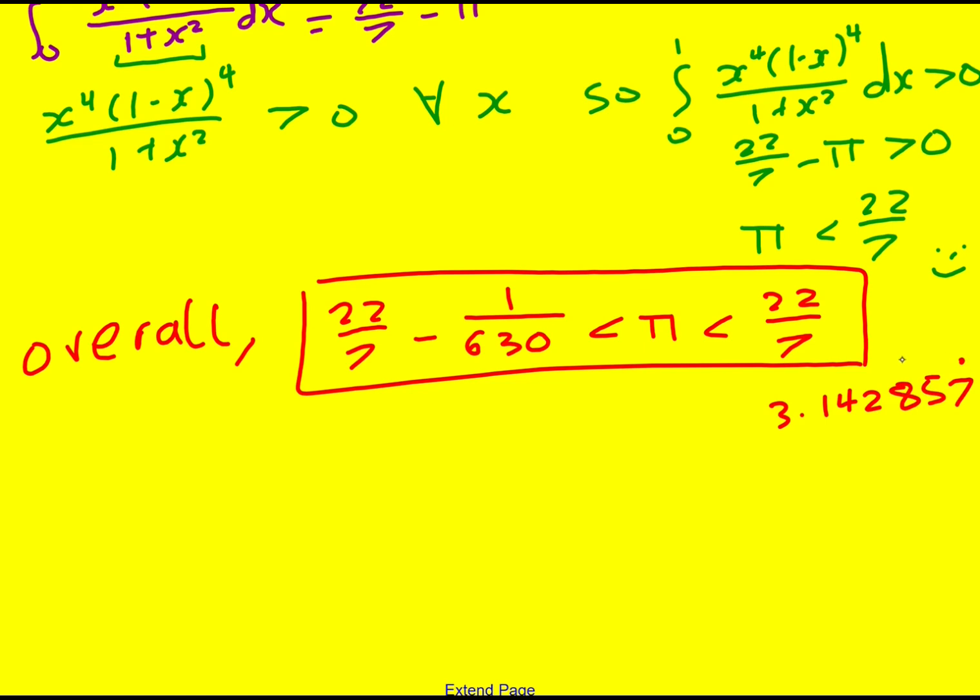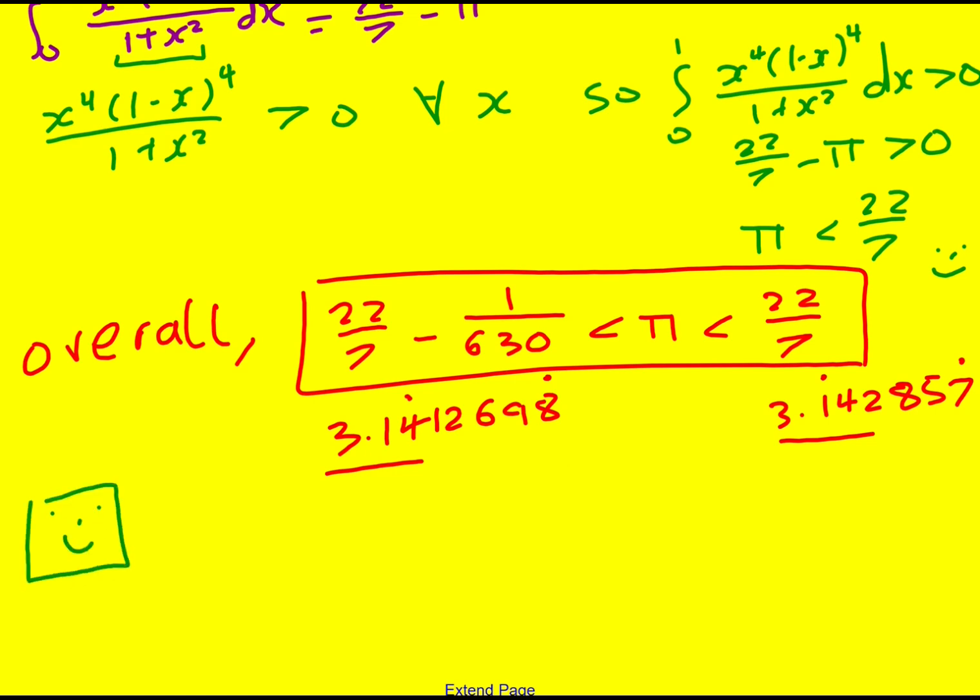In fact, that bit is a recurring decimal. So it's not super accurate, to be fair. And then the other one gives 3.1412698, with this bit being a recurring decimal. They're not good at approximation, but they do give us this nice bounds. And yeah, just once again, amazing question, and I hope you enjoyed it as well.